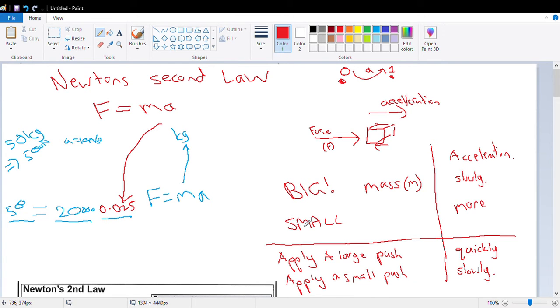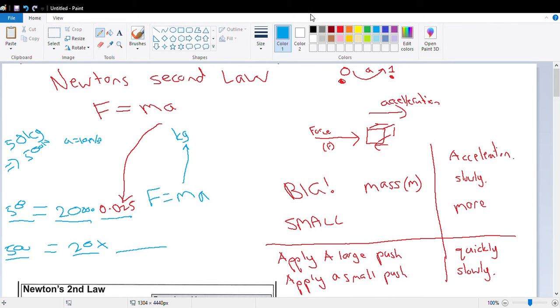If you compare that to a mass that's very small, pushing a push bike or a trolley. Same situation, we're pushing a trolley that only weighs 20 kilos, but I push it with the same amount of force that I push the truck, still 500 newtons. 20 times something must equal 500.